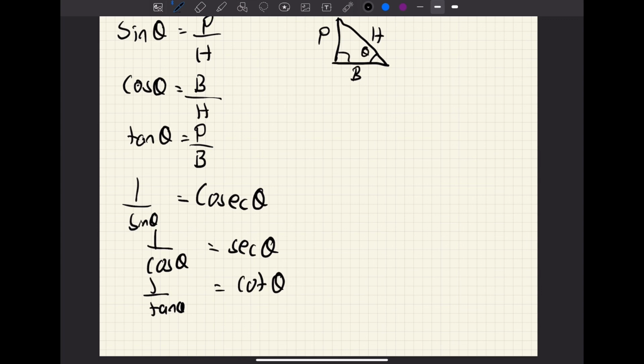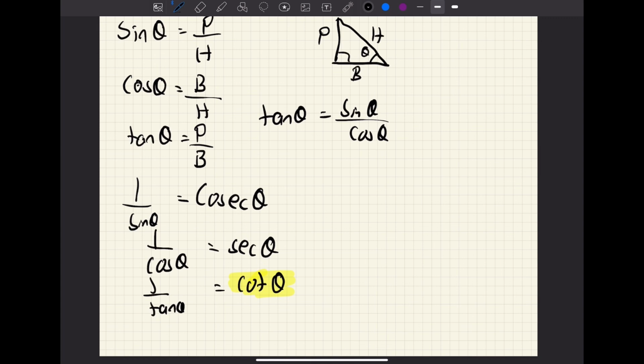So one important thing I forgot to mention, in AS we also learned that tan theta was equal to sine theta over cos theta. So we know cotangent theta over here, right? This is the same as saying a reciprocal of tan theta. So tan theta is equal to sine over cos.